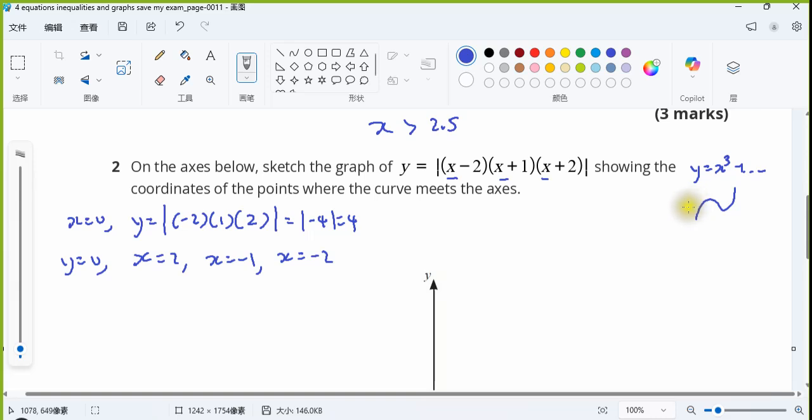So imagine the graph that we have without the modulus. The graph will be something like this. We have negative 2, negative 1, and then we have 2 here, and this is negative 4. But if we take the modulus, then the graph will be like this, and then like this.